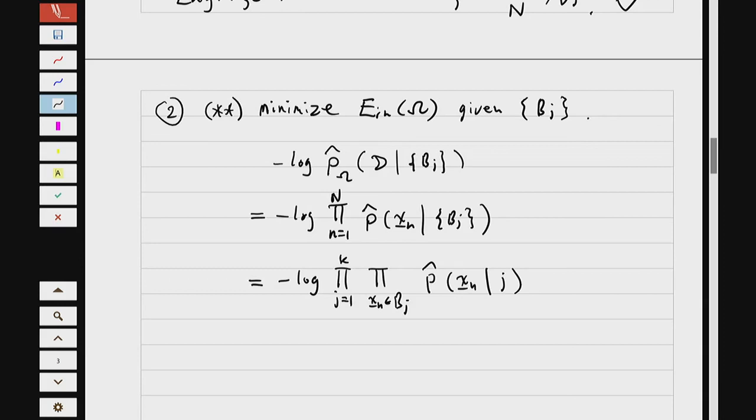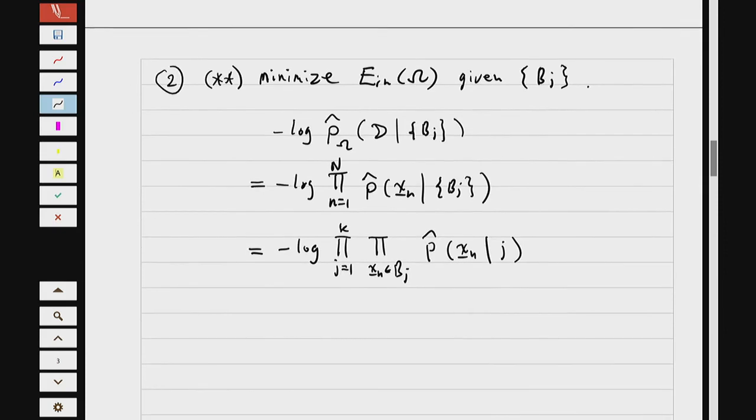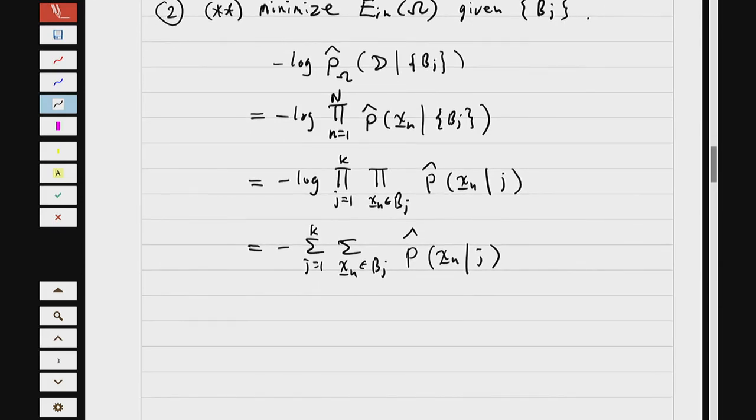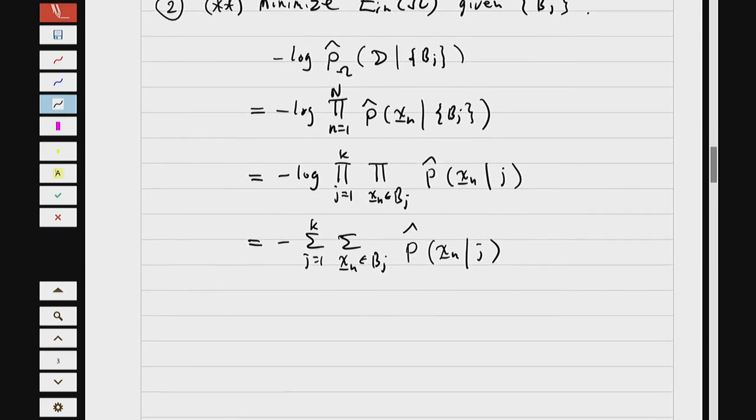And this log of the product can be written as a sum of the logs: sum over j equal to 1 to k, sum over xn in bj, of log p of xn given j. Everyone's so far so good, right? Not too hard to get to this point.